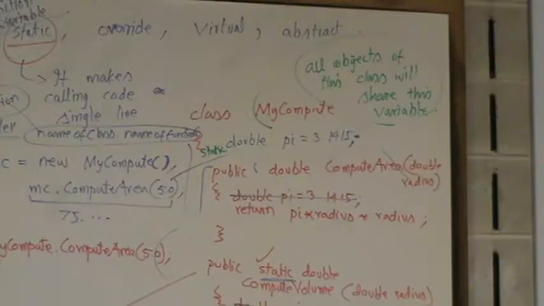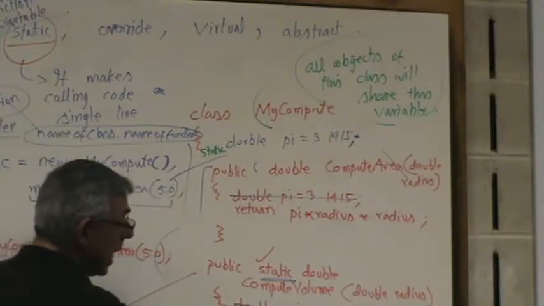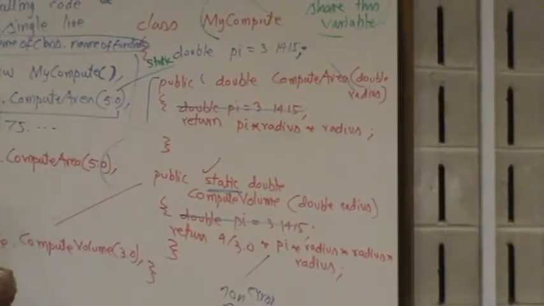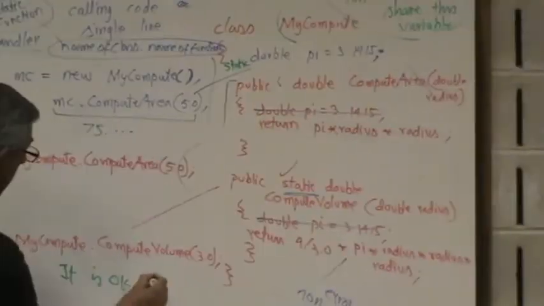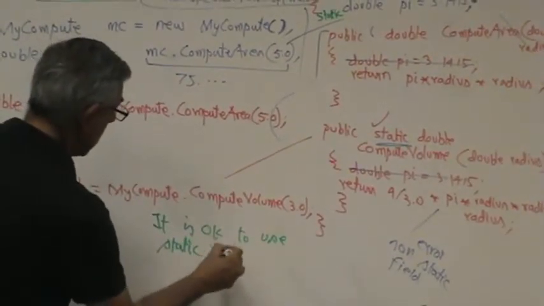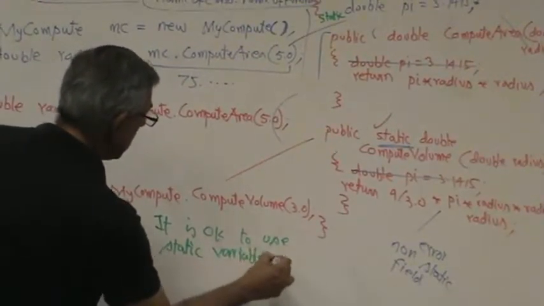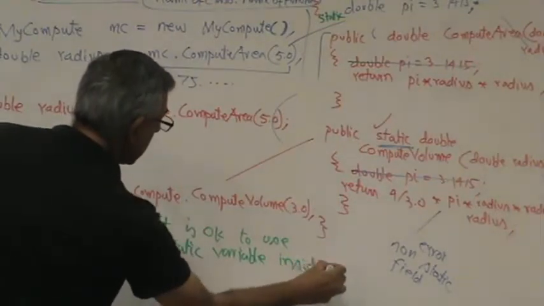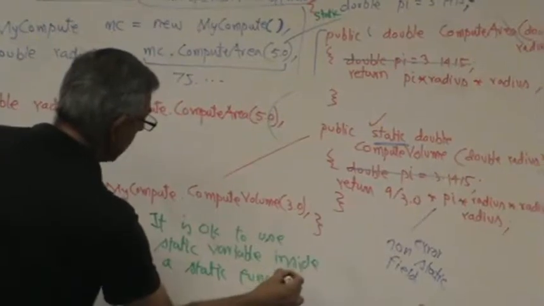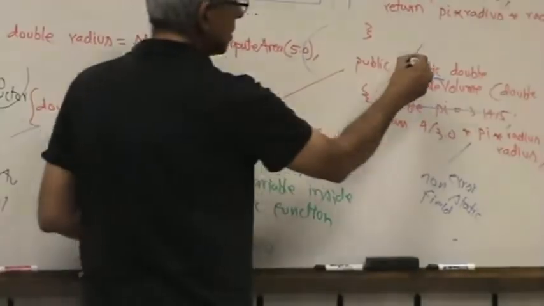So now it is okay to use a static variable inside a static function. Okay, so now this is okay.